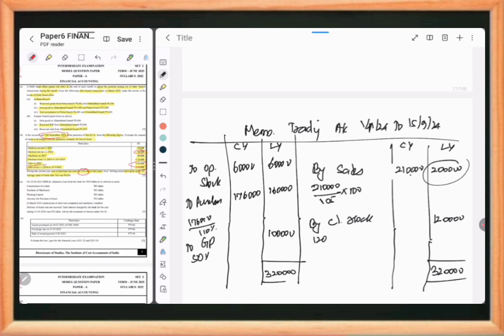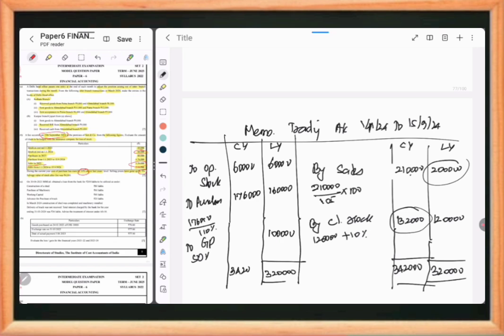So 1,20,000 into 110% is 1,32,000. This is the way you have to find out the closing stock at the date of fire. This is the closing stock. You can balance like that, and the balance is 3 lakh. If you add these both, it is 3,42,000.